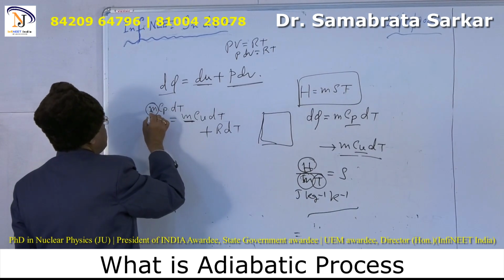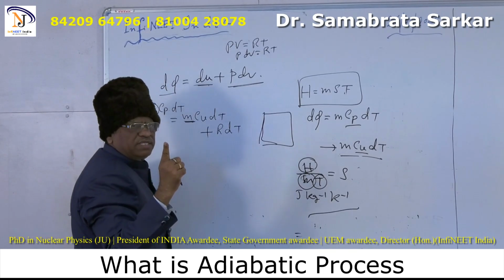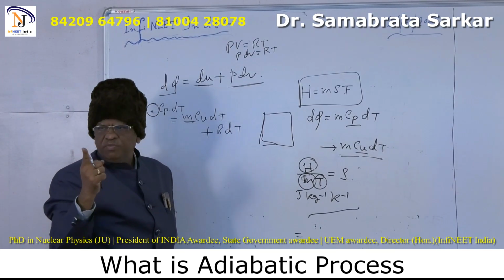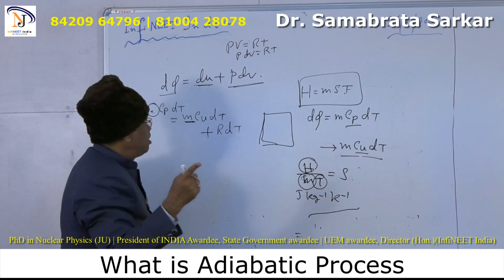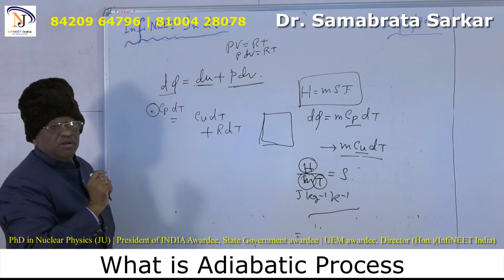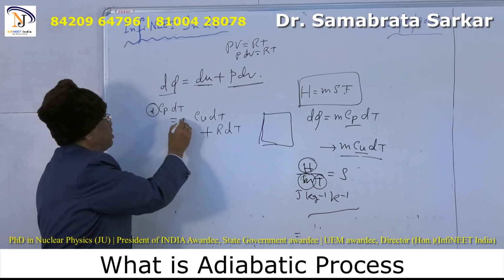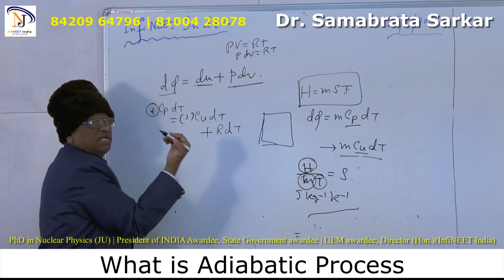So if the mass is unity, for unit mass, R will be unity. For 1 mole of gas, both the values will be 1. This is 1 and this is also 1, this is RT.